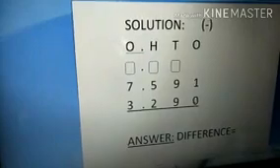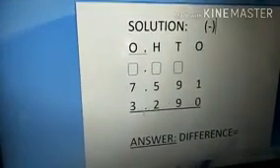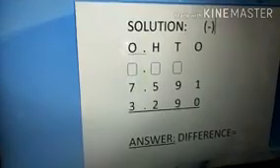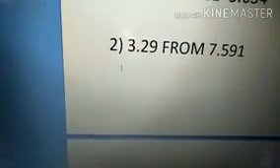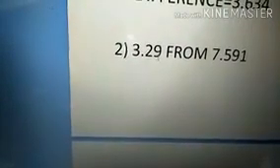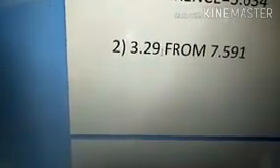I saw the problem again. You watch. After the decimal, we have 2. So that is 100 and tens. In the ones place, we put 0. Here you see the 3.29. So only I put 0 there.